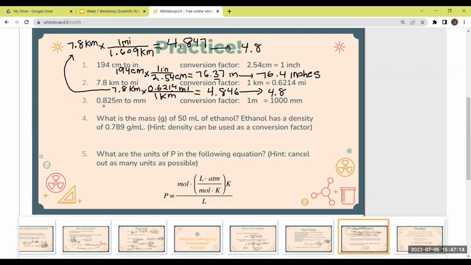This next one, number 3, we have 0.825 meters to millimeters. The conversion factor is going to be 1 meter is equal to 1,000 millimeters. So I'm going to write down our given. We have 0.825 meters. And then the conversion factor is that 1 meter is equal to 1,000 millimeters.